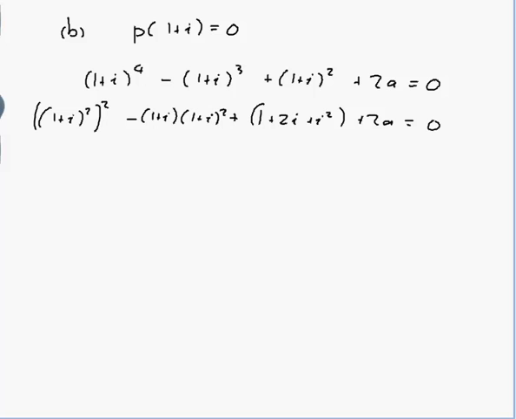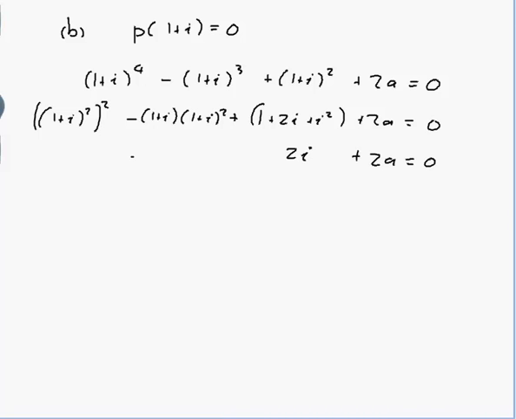Alright. So we get 1 plus 2I plus I squared. But I squared is minus 1. So we get 1 plus 2I minus 1, which is just 2I. And so the 1 plus I squared is 2I.